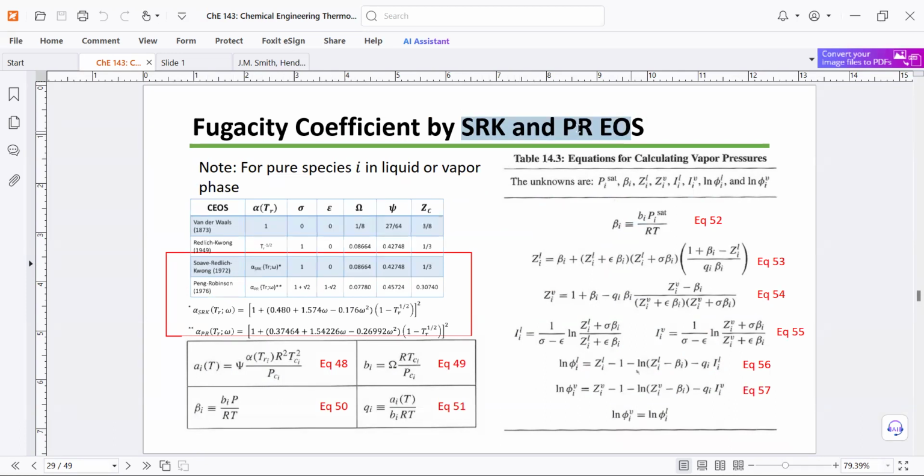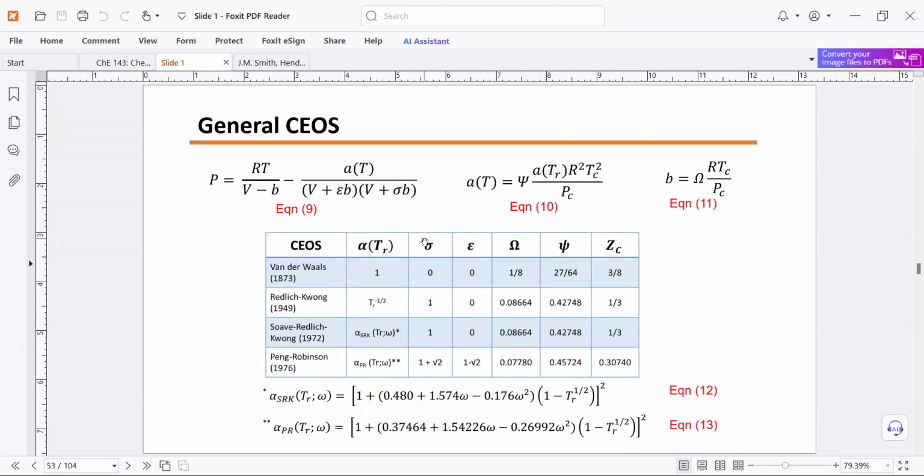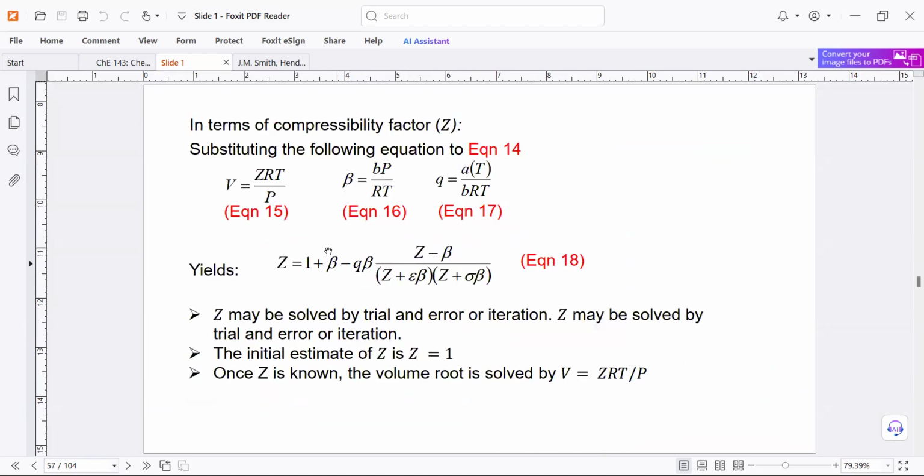So we are going to use these equations of state to calculate the fugacity coefficient. Let us go back. I'm showing you the Che 142 slide on this. This is the generic form of the cubic equation of state, and we also have it in terms of the compressibility factor. And this is what we're interested in, the cubic equation of state in terms of the compressibility factor.